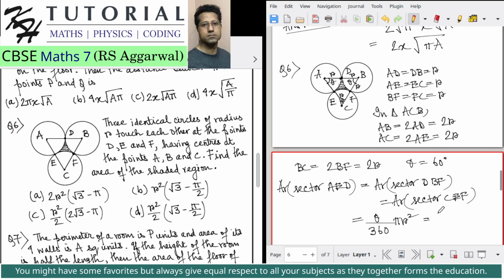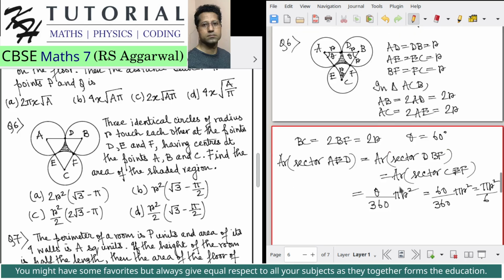This is equal to 60 by 360 pi r square, which is equal to pi r square by 6. So the area of each of the three sectors is pi r squared by 6.